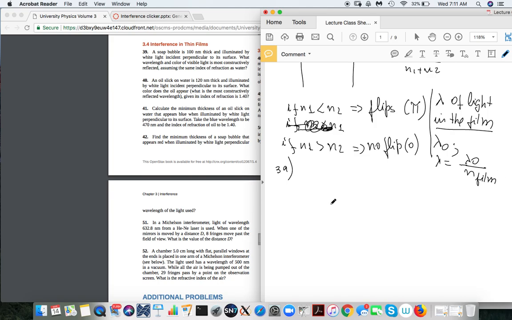Okay, so we have a soap bubble, the thickness is given.